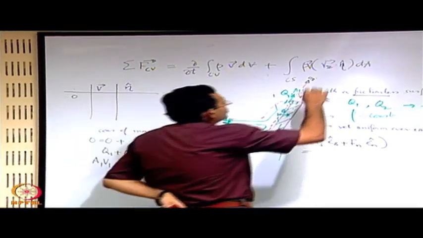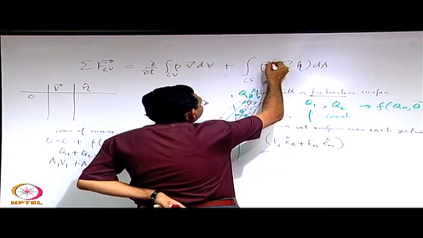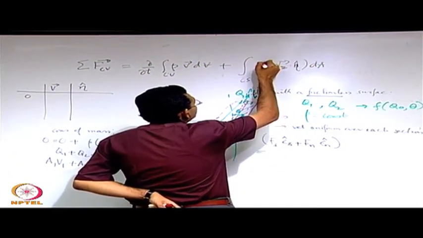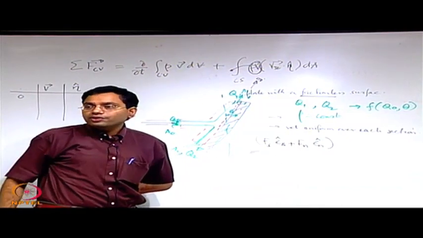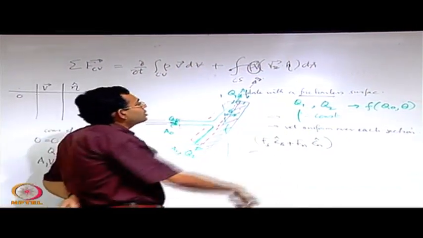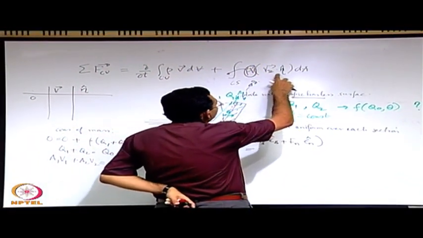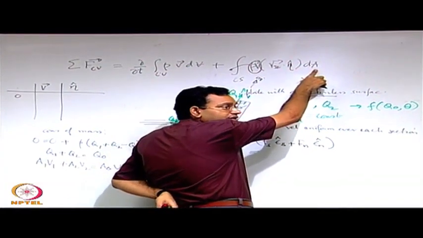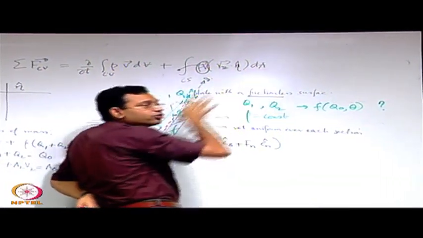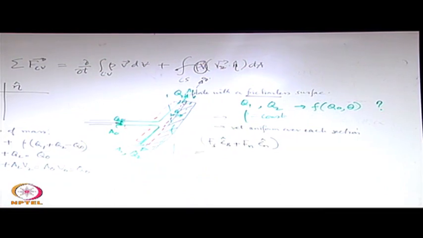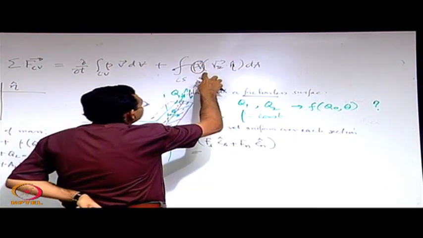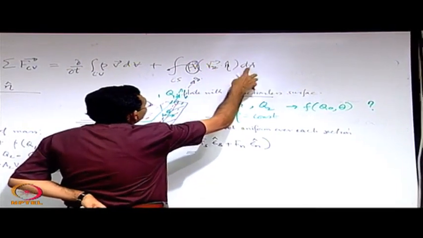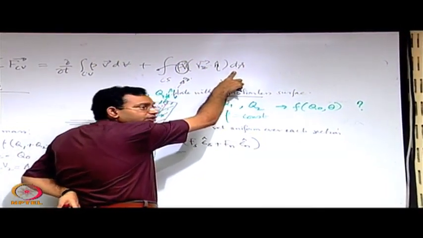If you consider V to be uniform and rho to be uniform, you see rho into V we can take out of the integral. Then what remains within the integral is the integral of V dot n dA, that is the total volume flow rate over the section that you are considering. So, it is as good as rho into velocity vector into the volume flow rate over the section with a proper sign, plus or minus.